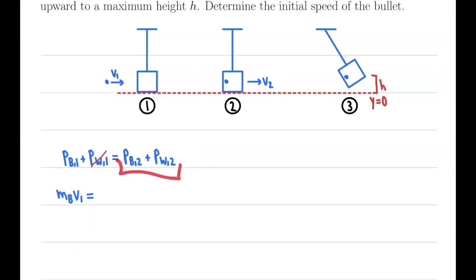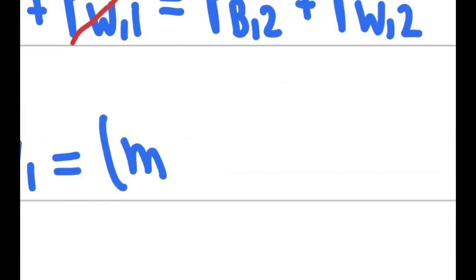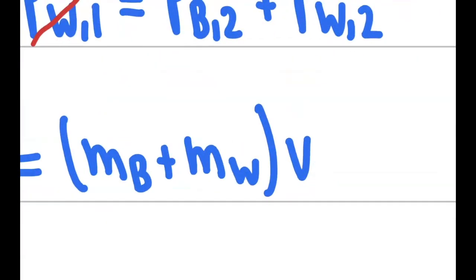And for 2, the block and the bullet are together, so the momentum for the bullet is MB V2, and the momentum for the wooden block is MW V2. I can just factor out the V2 and write that as (MB plus MW) V2.